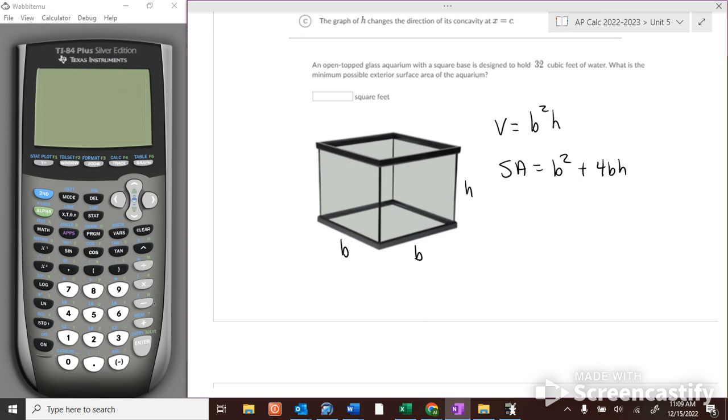Okay, so what we want to do is use this volume, 32 equals B squared H, solve it for H, so 32 over B squared is equal to H, and then for this H, plug in 32 over B squared.